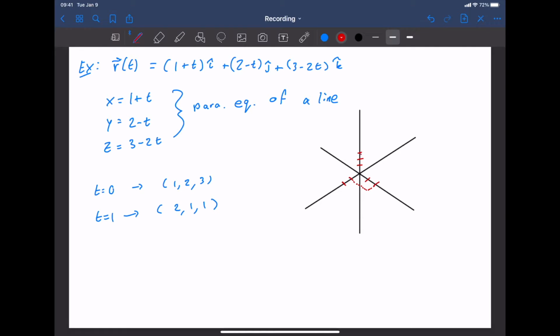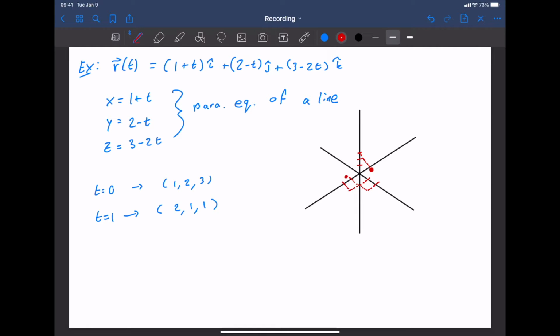And then we're going to offset like that way. Like that'll be my initial point. And then 2, 1, 1 will be somewhere over here.